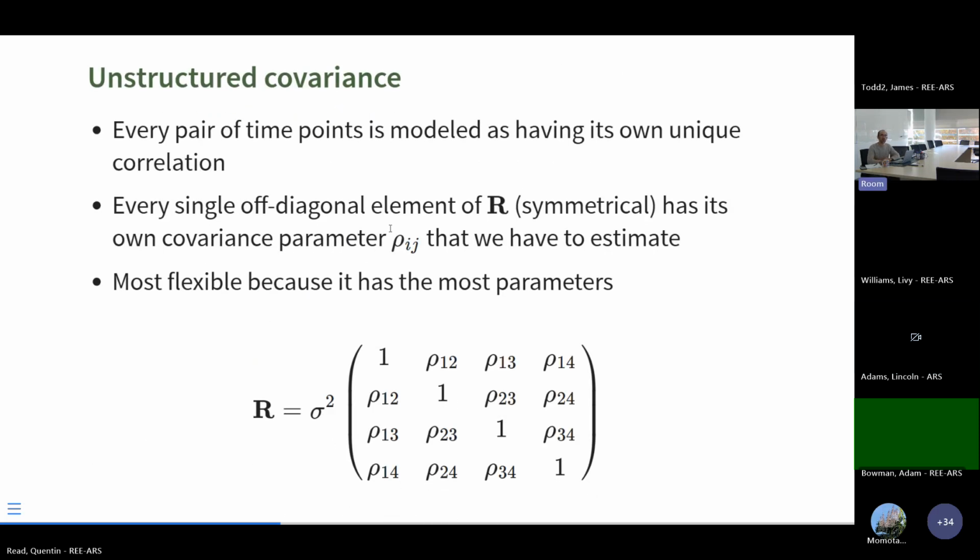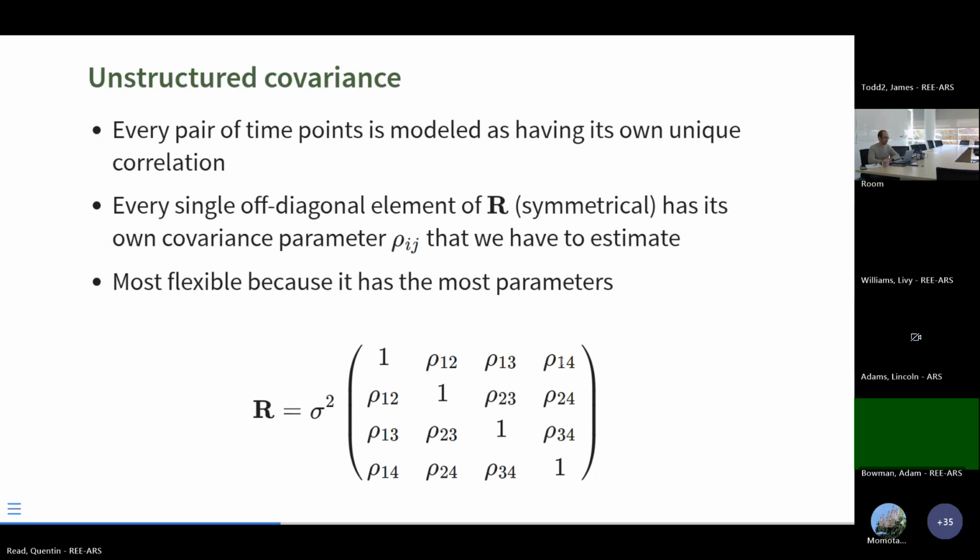Well, unstructured covariance is, in a way, the simplest, but it also has the most parameters. We basically just estimate a parameter for every single value off the diagonal of that matrix. The matrix is symmetrical, so the correlation between 1 and 2 and 2 and 1 is the same.